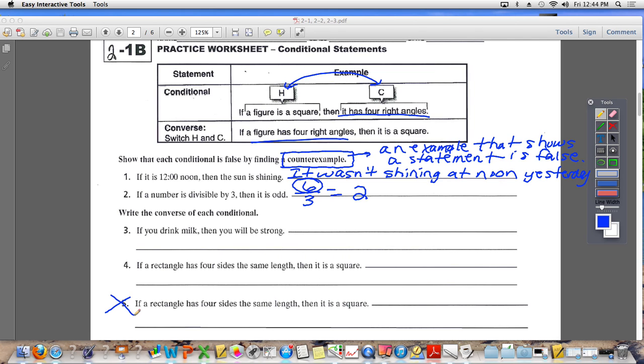Number 4: if you drink milk, you will be strong. Yeah, I know the answer to this one. What is the converse of the statement? If you are strong, then you drink milk. It doesn't matter if it's true or false. I'm not asking you that.